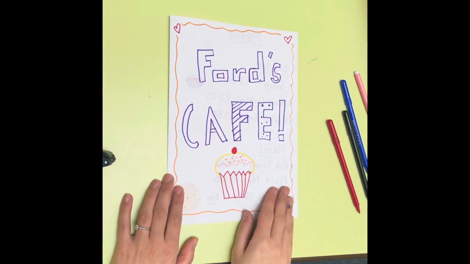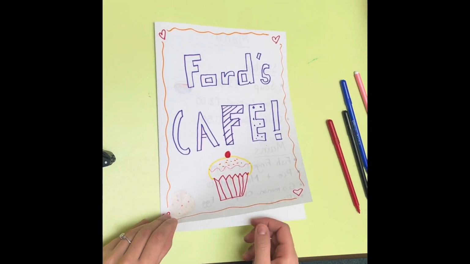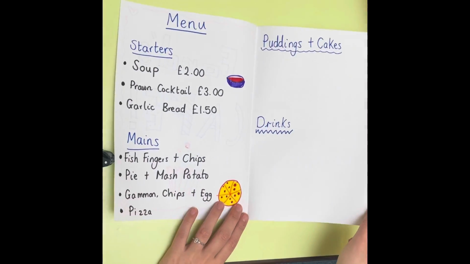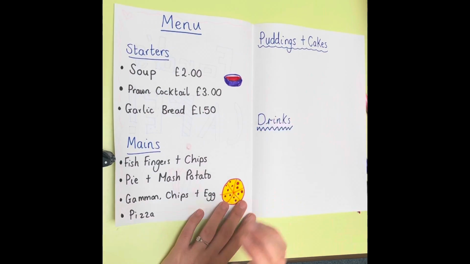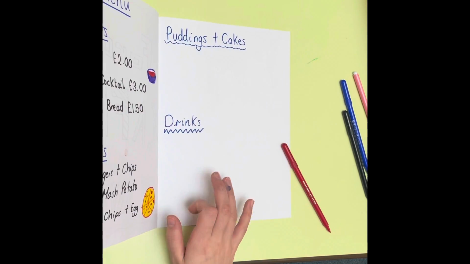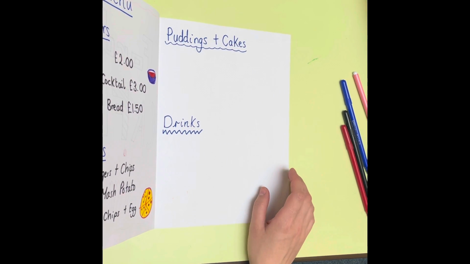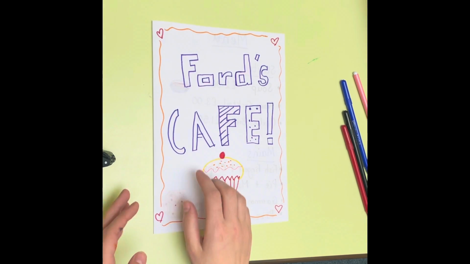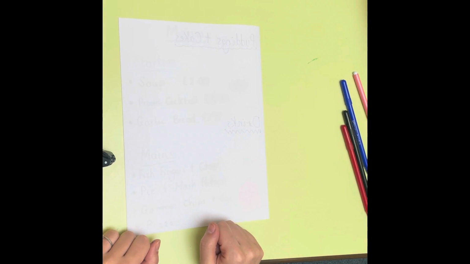So far, we've got Miss Ford's cafe on the front cover, and you can decorate that more and make it look even more fabulous. Then, so far, on my menu, I've got my starters and my mains, and then you can carry on with your puddings and your drinks. If you're feeling really super and you want to carry on, you could always add some extras on the back, some different things that you serve at your restaurant, maybe some jacket potatoes or some sandwiches.